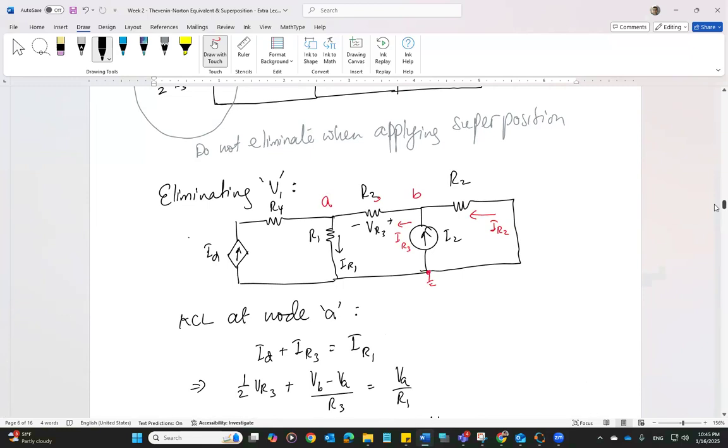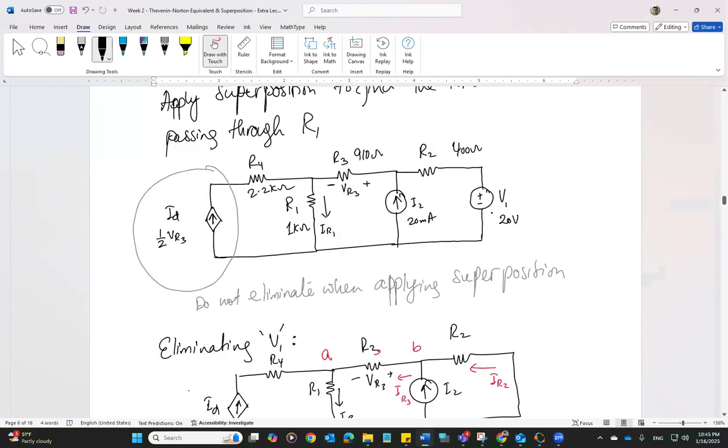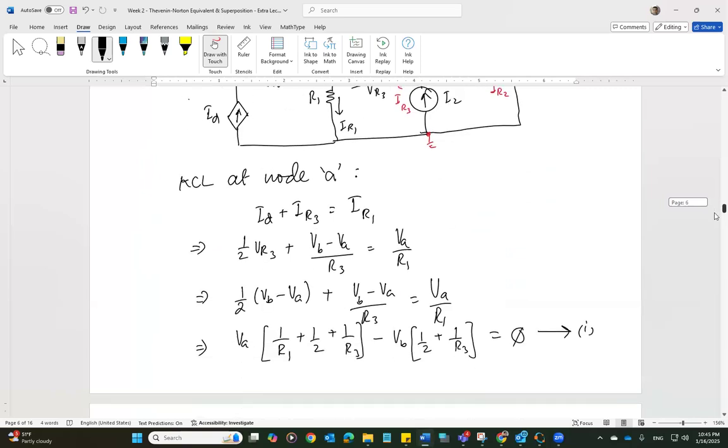Let's go to the actual circuit actually. We have the voltage source here. This will be eliminated, so this is going to be our one loop here. And of course, there's nothing changed over here. So let's go ahead and do that. We have R2, R3, R1, R4, the independent current source, and the independent voltage source.